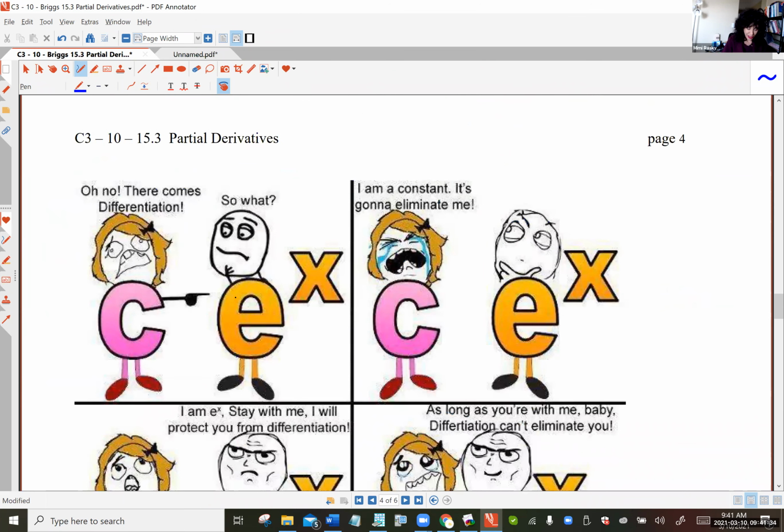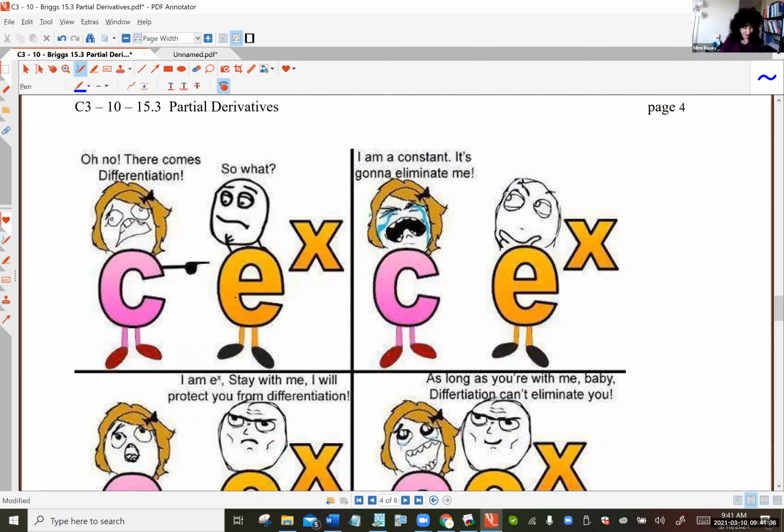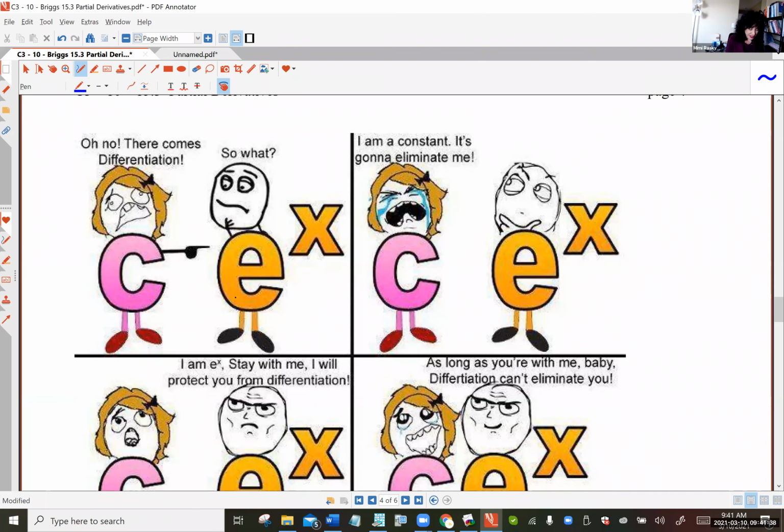Okay, I have a fun little meme for you. So this first character is a constant, because you can tell it's a C. It's a constant, like 2. Oh no, there comes differentiation. And you know a constant, when differentiated, goes to 0. And then the e to the x guy says, oh, so what? And then the constant says, I'm a constant, it's going to eliminate me.